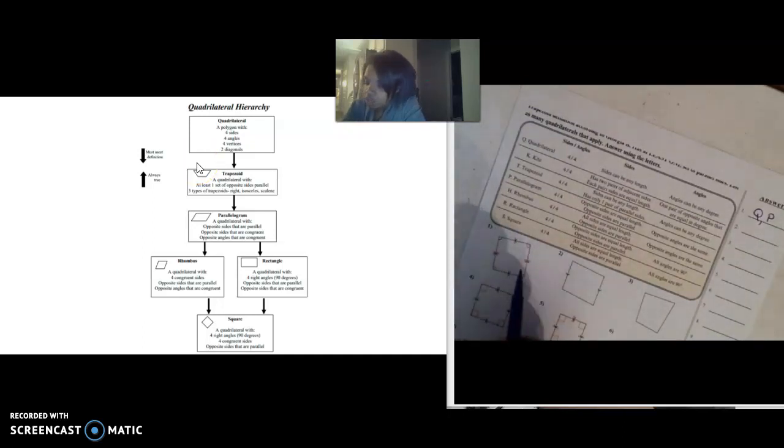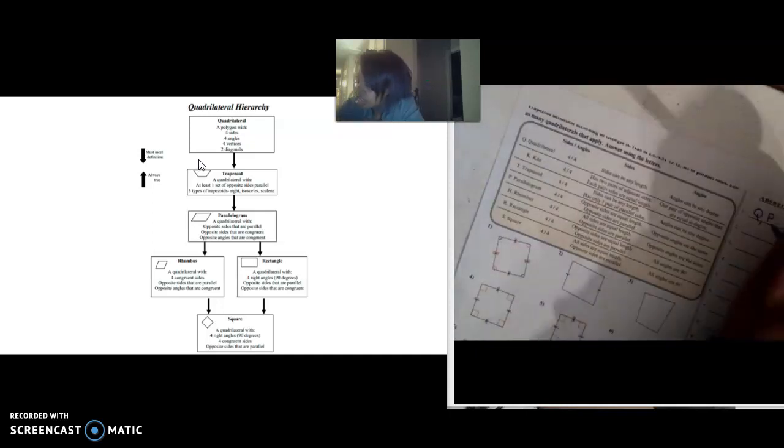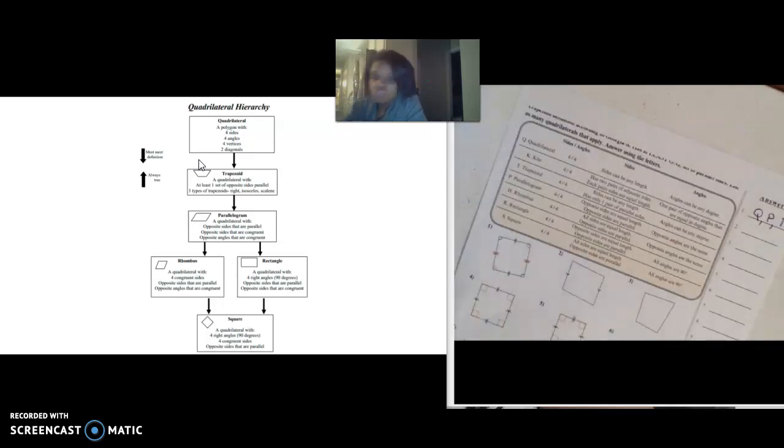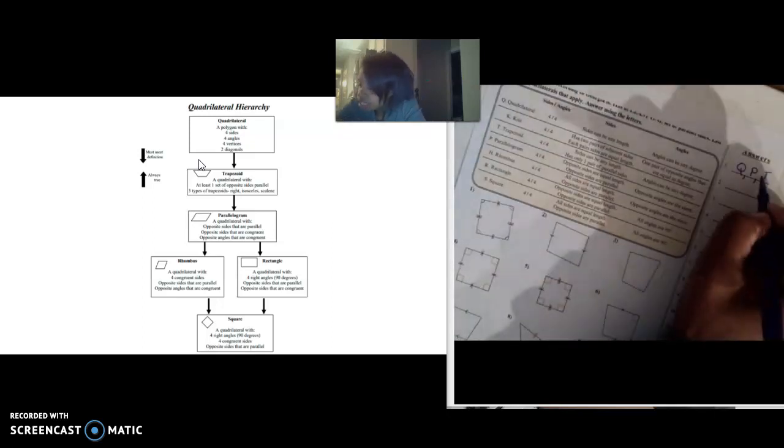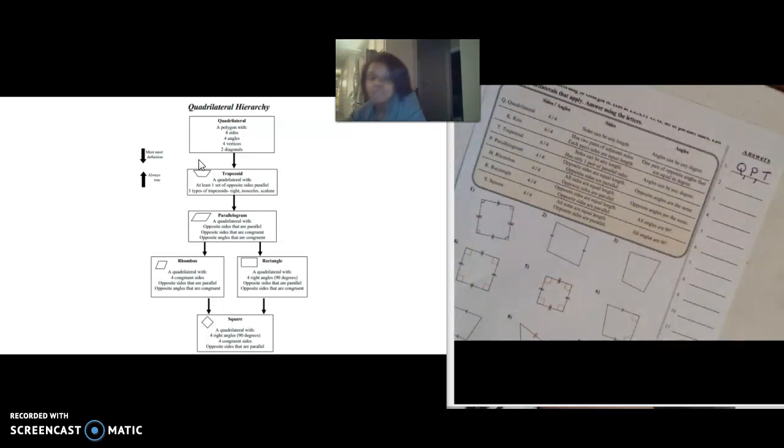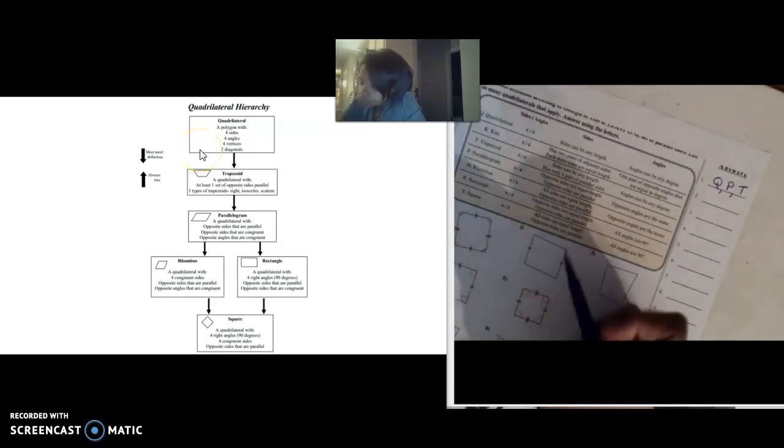And all 4 sides are not congruent. It does have at least one set of parallel sides, so it is also a trapezoid. So for the very first one, it is a quadrilateral, it is a parallelogram, and it is a trapezoid. Okay? All right, let's look at number 2.